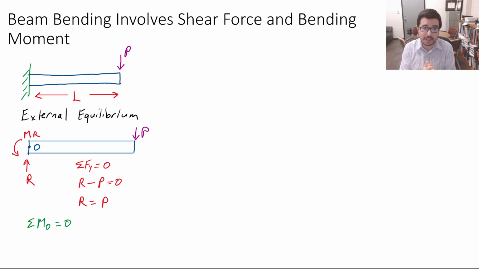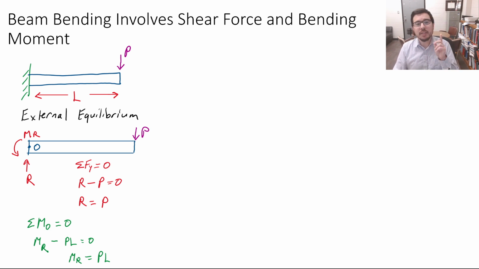We've designated this O, and we'll say it's at the left side. And we have that M_R, which is a positive moment because it's coming out of the page, minus PL, that PL being negative because it's going into the page, is equal to 0. So M_R is equal to PL.